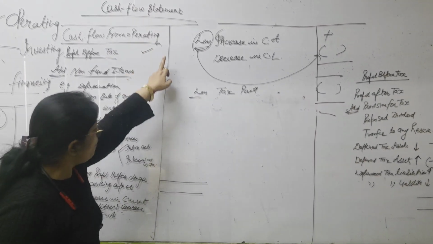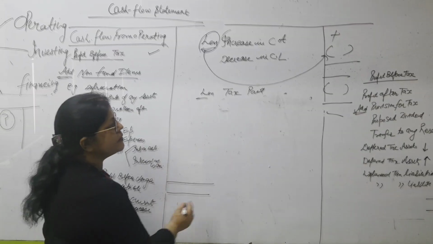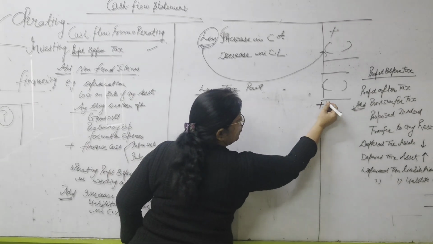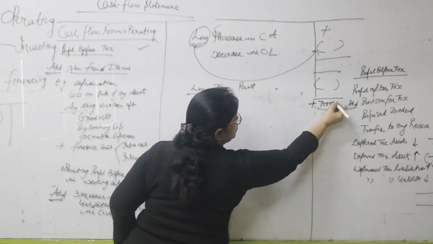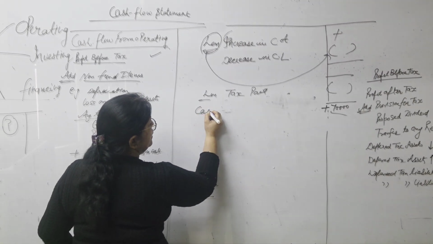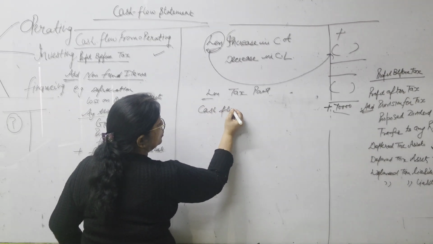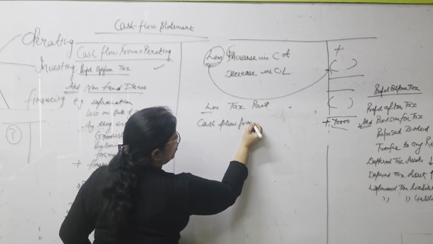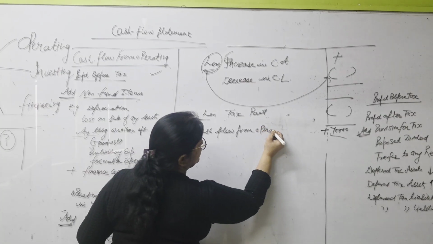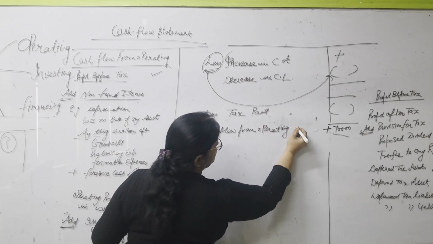If the summation of all these items is plus, for example, plus 70,000, then it will be cash flow from operating activities.